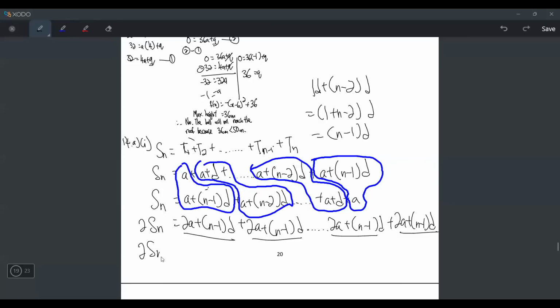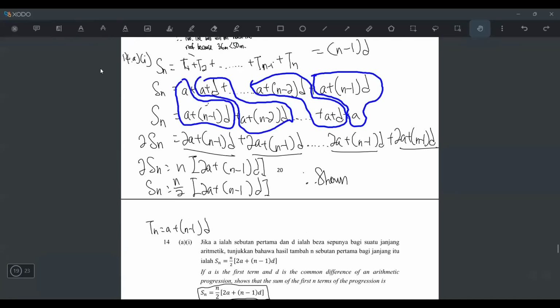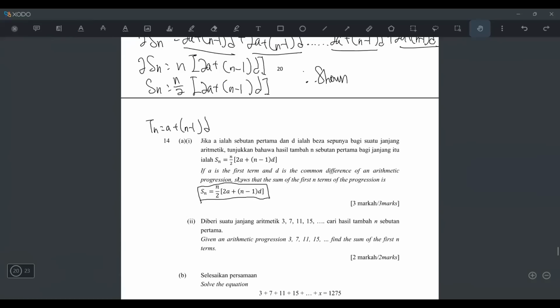It means 2Sn is actually n times 2a plus n minus 1 d, because there are n terms. And since I want to find Sn, it will be n divided by 2, and then 2a plus n minus 1 d. Okay, and then we can write it as shown here. After we finish, we will look at this, and the one they give is the same, right? So this is how you derive the Sn formula.